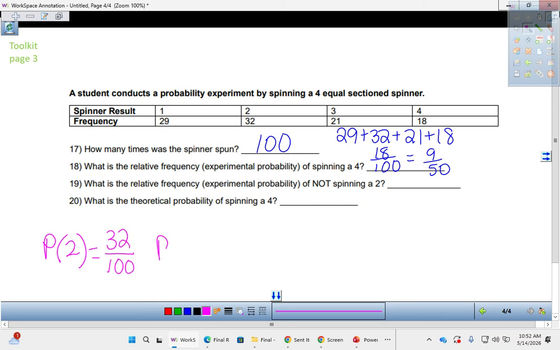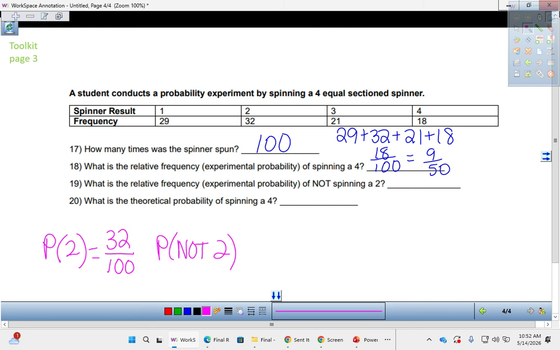So the probability of not getting a 2 would be all the other stuff. To get the other stuff, you take the total number of numbers, which is 100, and you subtract the 2's, which is 32. So I'm doing 100 minus 32. So we have 68. And then we put that over the total.